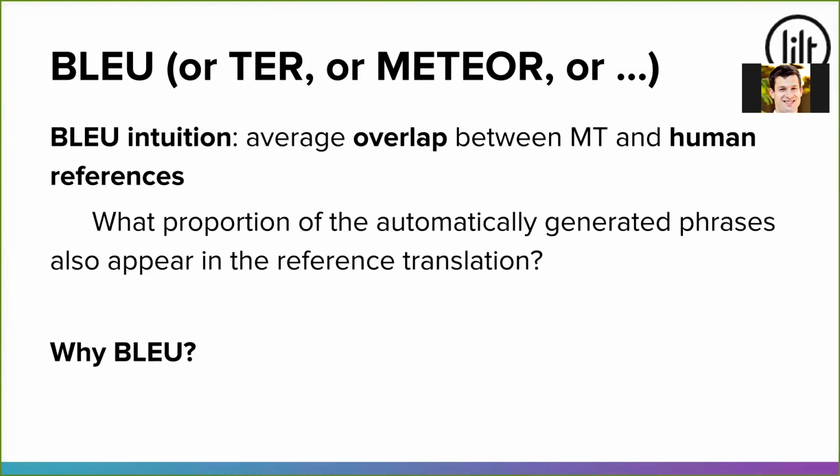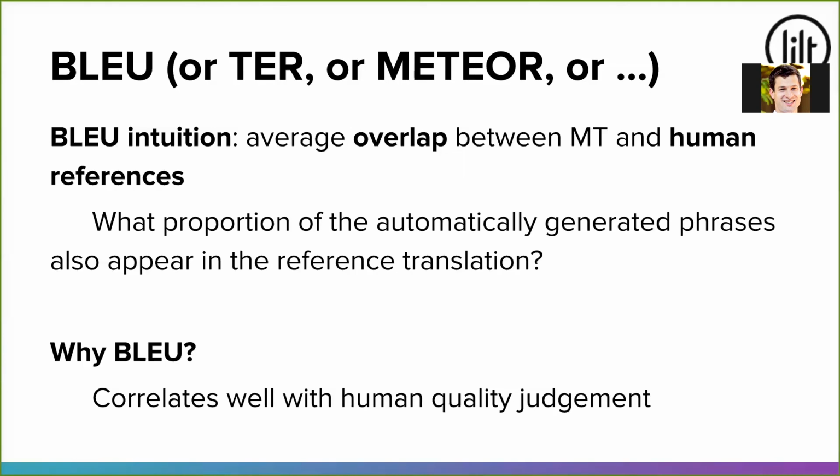Okay, now why are we going to use BLEU? There are other ones that you could use, TER, which is an edit distance-based metric, Meteor, which includes some syntactic information. Well, the reason that BLEU persists is really there's just one reason. Well, there's actually kind of two. So the main one that's interesting is that people have found in lots of different evaluations that it correlates well with human quality judgment.